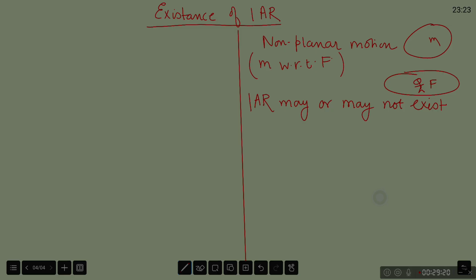An example of a case in which the IAR may not exist is the following. Consider the motion of an aircraft. So this is the front view of an aircraft, being observed by our observer F, ground frame.